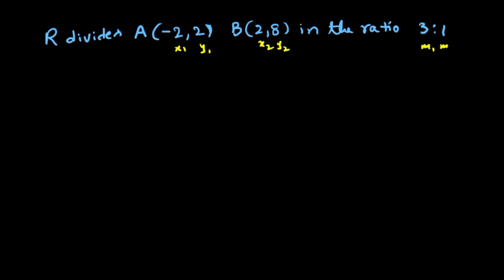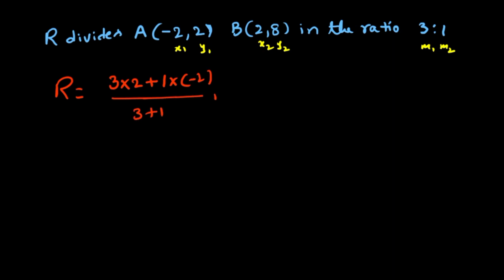So R equals m1x2 plus m2x1: m1 is 3 into x2 is 2, plus m2 is 1 into x1 which is minus 2, by m1 plus m2, which is 3 plus 1.